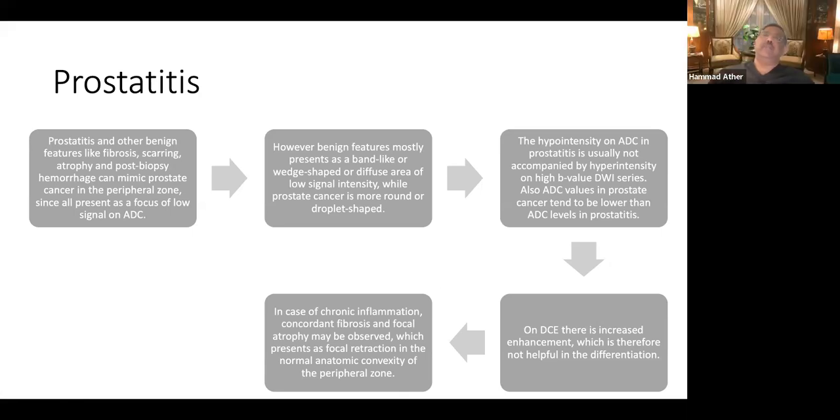I think this is extremely important because the appearance on rectal examination may be suspicious, and you may have a raised PSA, which is one of your surrogate markers for ordering a biopsy. In all these situations, an MRI scan will help you decide whether this patient would benefit from biopsy.